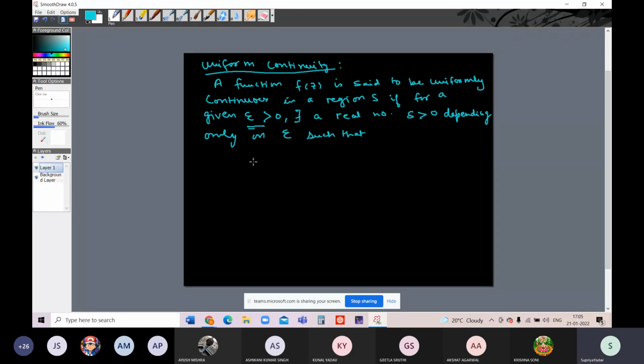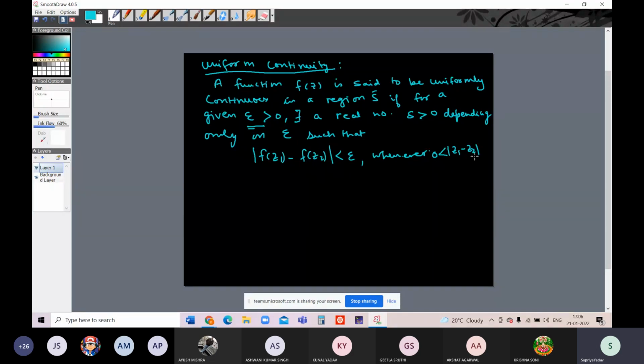if we choose two points z1 and z2 in this region S, the difference of their images at z1 and z2 is less than epsilon whenever modulus of z1 minus z2 is greater than 0 and less than delta. It is greater than 0 because z1 and z2 are two different points, they are not equal.